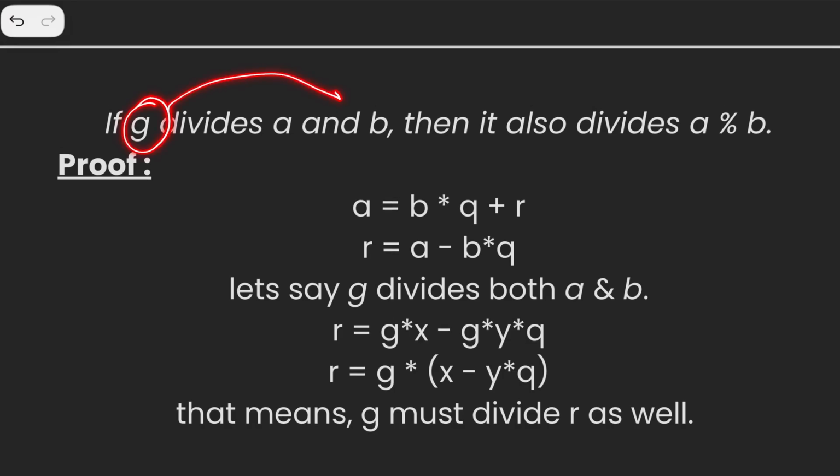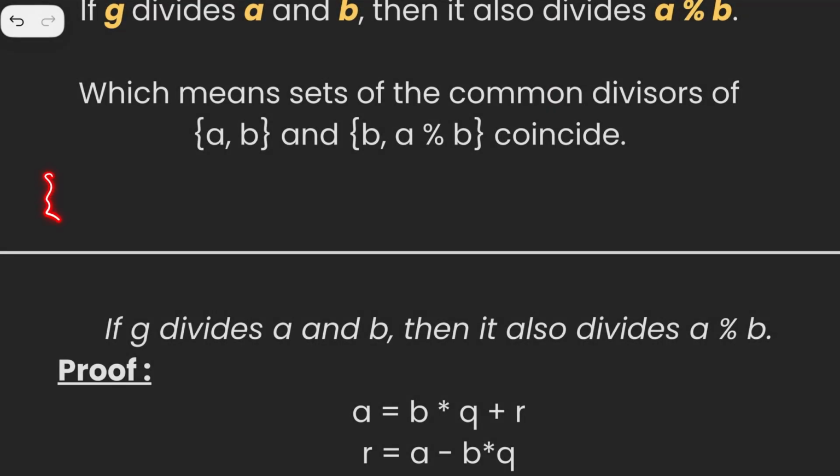Remember, if G divides A and B, then it has to divide A mod B. That means if we create a set that contains all the common divisors of A comma B, and another set that contains all the common divisors of B comma A mod B, then these two sets will be the same.